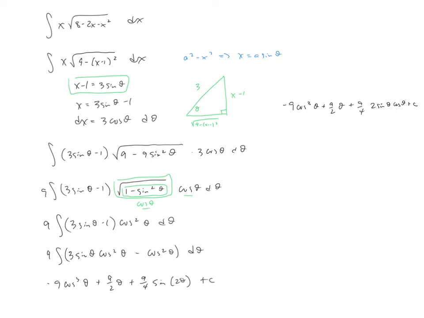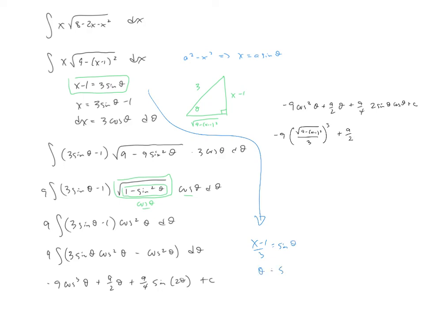Okay? So, looks like we have here a negative 9, and then for cosine, we'd have this big square root of 9 minus x minus 1 squared over 3, and that's all cubed. And then we have our plus 9 halves, and our theta here, again, I'm just going to move down here: x minus 1 over 3 equals sine of theta.